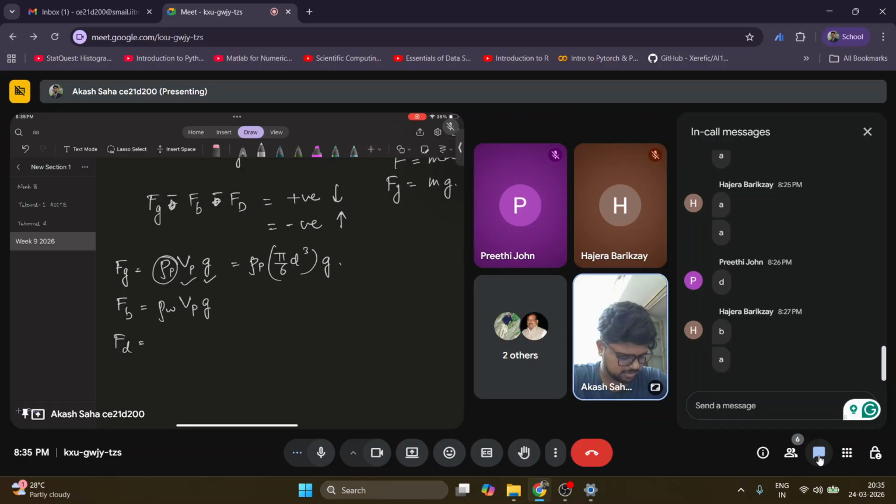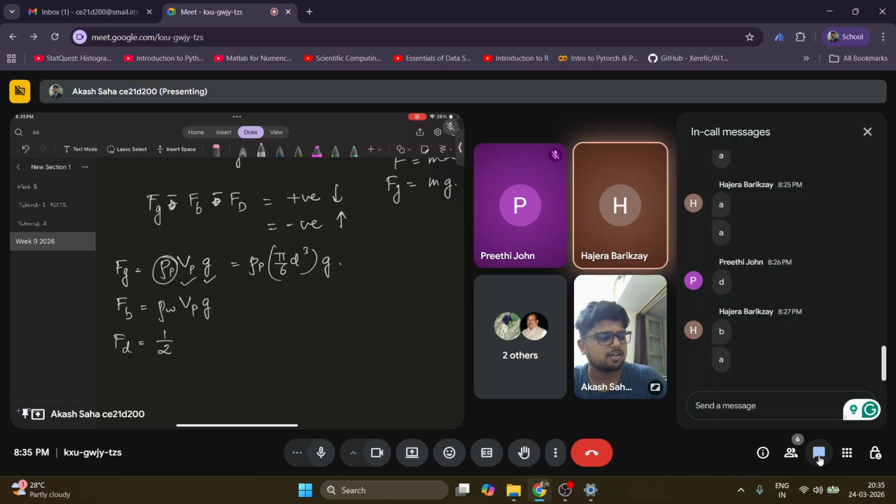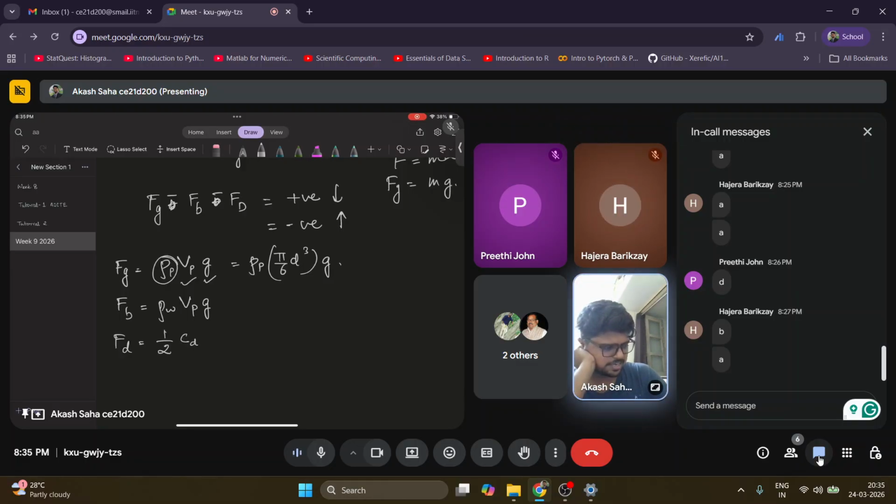Rho, v, the coefficient of drag, and something like these. Yes, so half CD rho w into projected area into Vs squared, right?